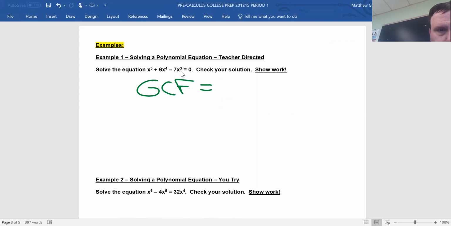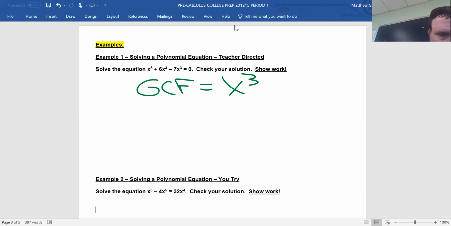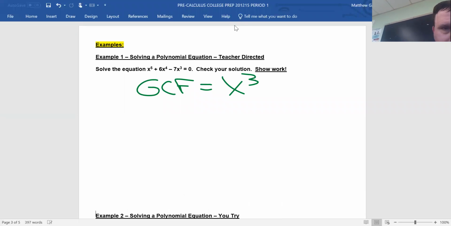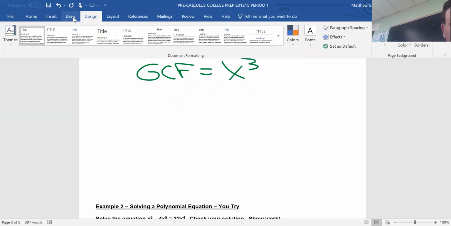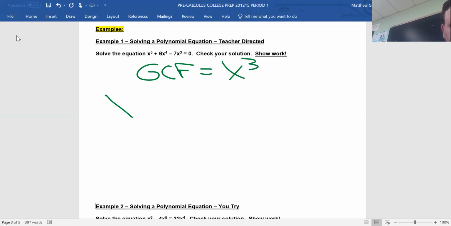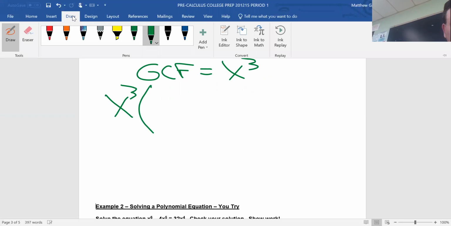the variable with the lowest exponent, because all 3 of these terms contain x cubed. So what we're going to do is pull x cubed out of all of these. And like any equation we solve with the greatest common factor, we divide all three terms by the greatest common factor.